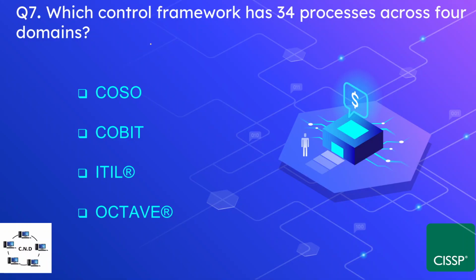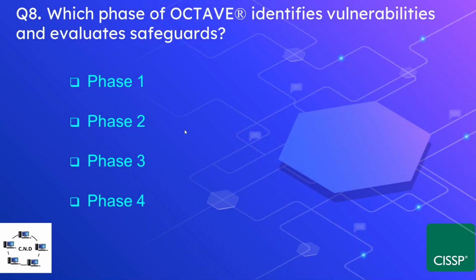Question number 7 is: which control framework has 34 processes across 4 domains? The options are COSO, COBIT, ITIL, and OCTAVE. And the correct answer is COBIT. COBIT stands for Control Objectives for Information and Related Technology. Question number 8 is: which phase of OCTAVE identifies vulnerabilities and evaluates safeguards?